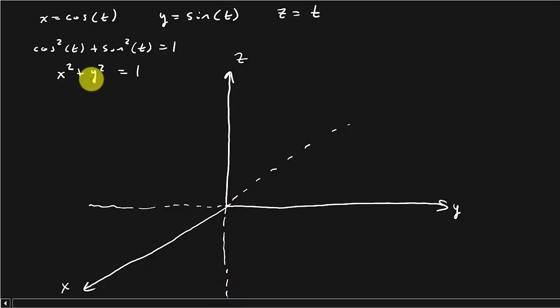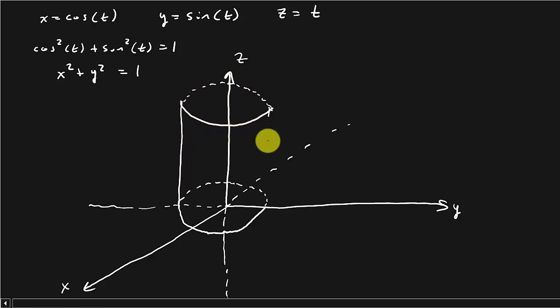I'll do them with dotted lines. And so we know this is just a circle with radius 1, right? So it's going to look something like this. And then as the values of z change, it's just going to be circles going up the z-axis. So we know here we have a cylinder, don't we? You see that?